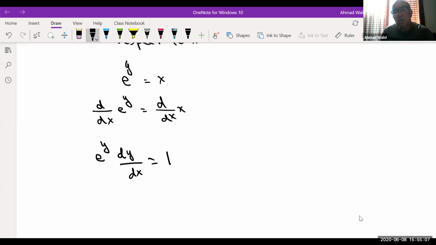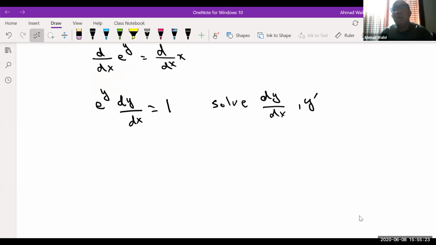Now, let's solve this equation for dy dx, which means y prime; whichever notation you use, y prime or dy dx, is the same, right? To solve this equation for dy dx, you have to remove e to the y from this side.